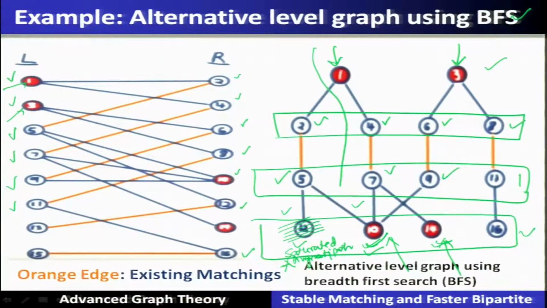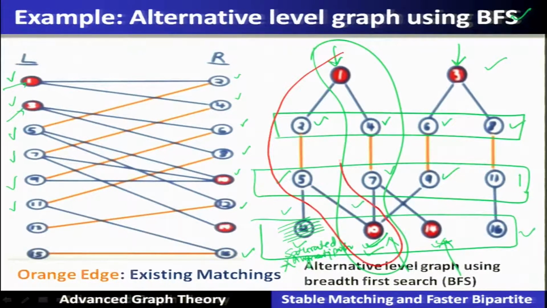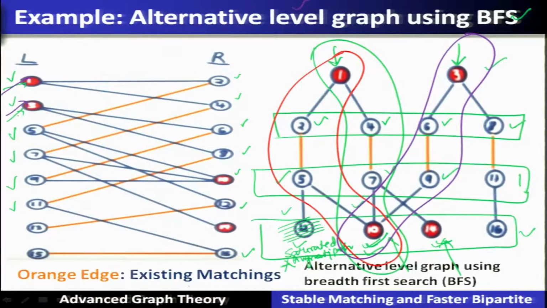You can reach this unsaturated node via this path, or you can reach this particular node via another path. You can reach via this particular path. So there are 3 different possible paths, and hence they are called the alternating level graph when this BFS is run parallelly, simultaneously, from these 2 vertices which are unsaturated.